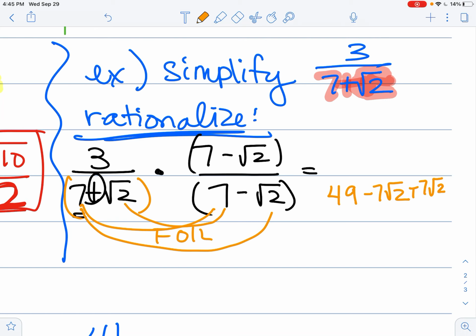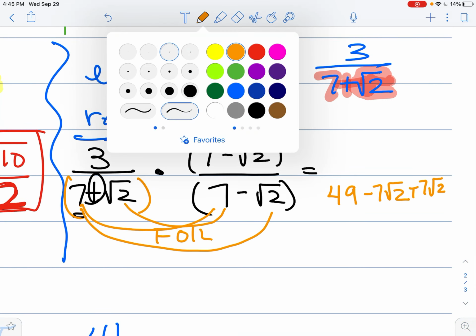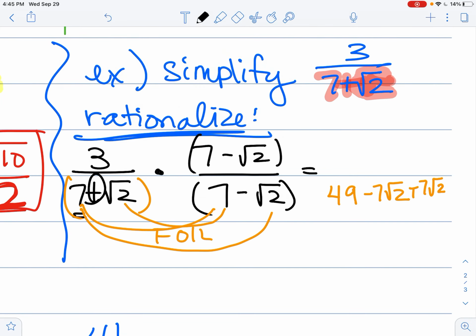And then the last term is root 2 times a negative root 2, which is like saying negative root 2 times root 2, which is the root of 4, which is just 2. Okay, so that's the bottom.